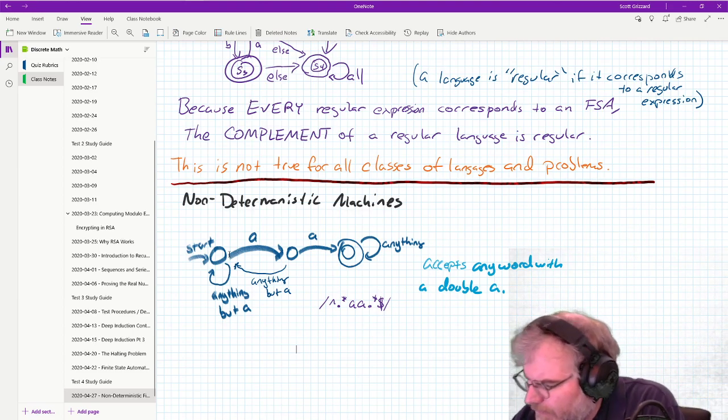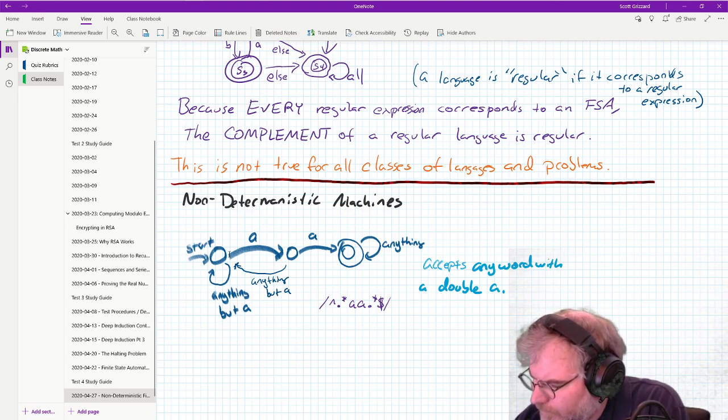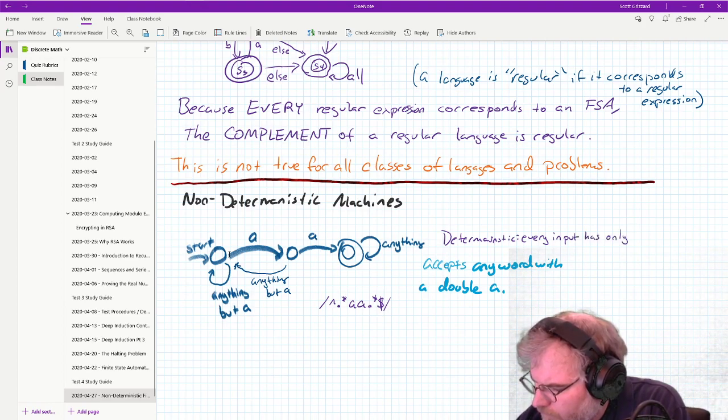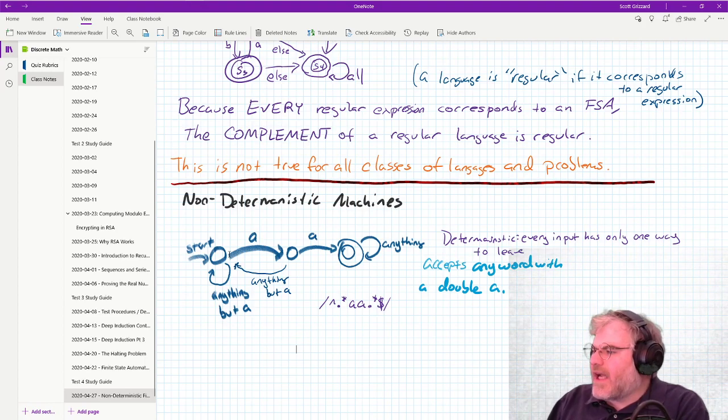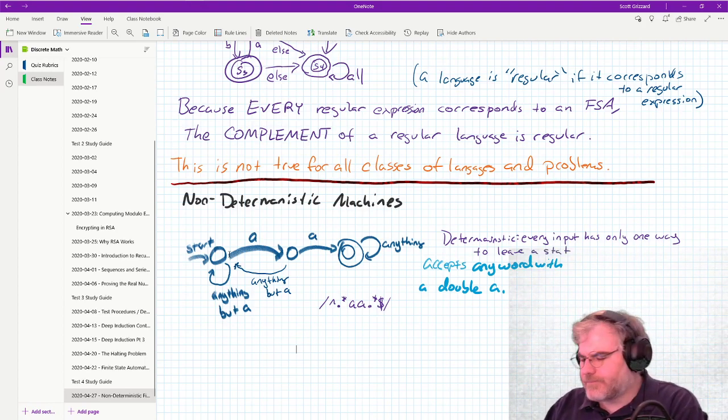This is called deterministic. Every output only has one way to leave a state.